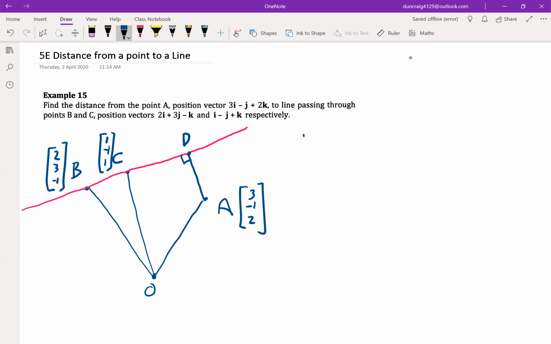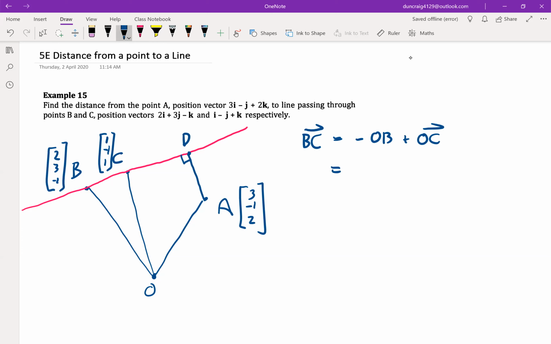All right, my line BC is equal to, let's just draw out to go from B to C. So we're going negative B plus C. We're going to go minus OB plus OC.